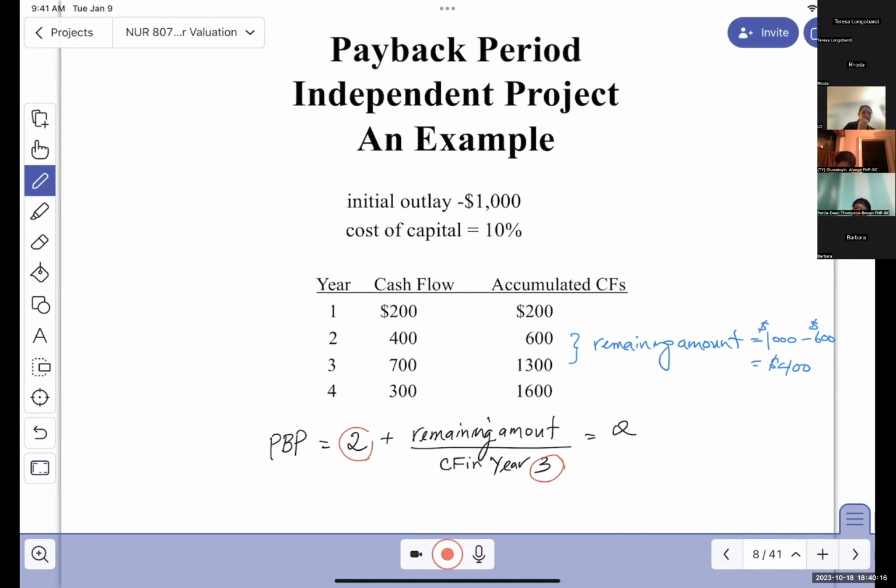So I'm going to put the numbers in. That's 2 plus 400 divided by the cash flow in year 3. Would you do the 1,300? That's the accumulated cash flow, but we need just the cash flow, so it's 700.